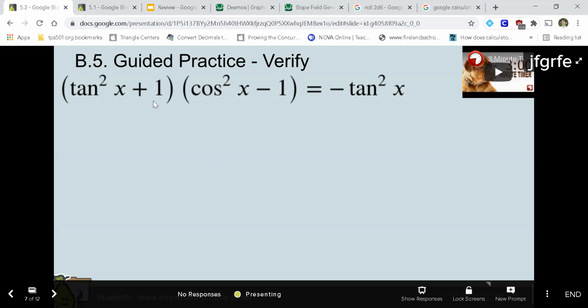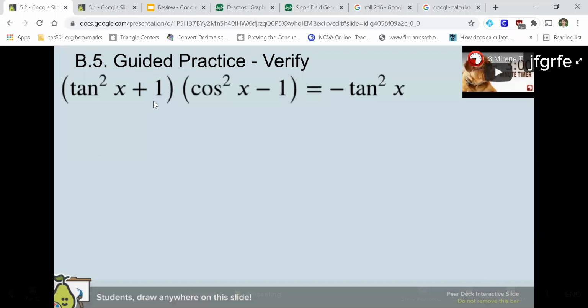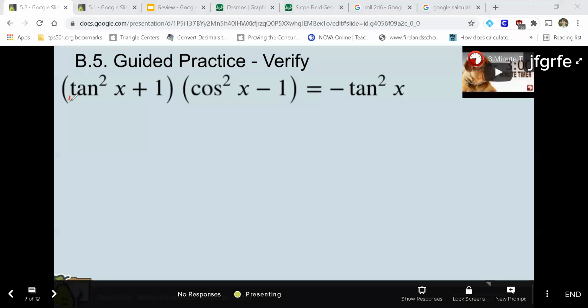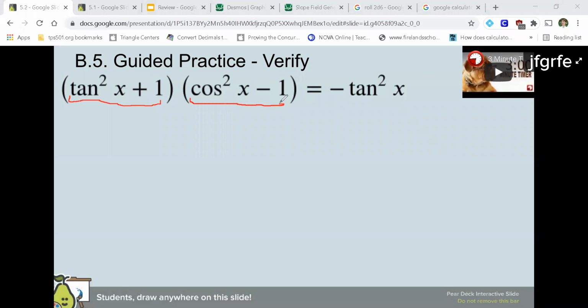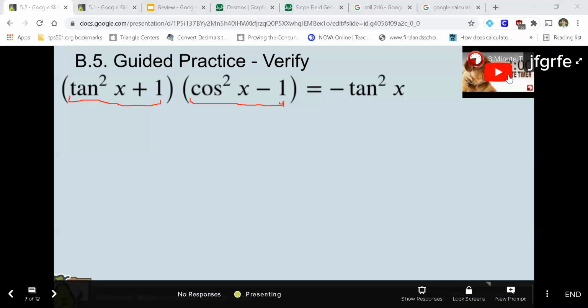And I will tell you the first step you want to do, the easiest way to do this problem is Pythagorean identities first. Use your Pythagorean identities on this one and this one first. Okay? Give you 3 minutes to try it on your own, and then we'll go.